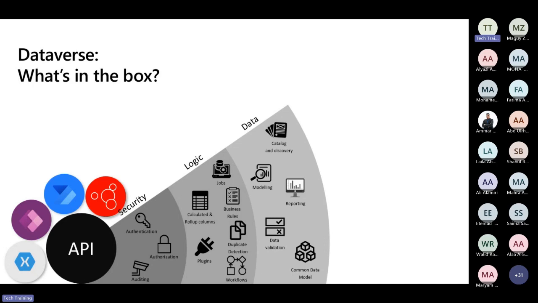And creating the relationships and designing the tables and deciding which is the primary key for each of these tables and the foreign keys, this is what is called modeling. So modeling is like pre-designing the database, and it is also available from within the Dataverse.